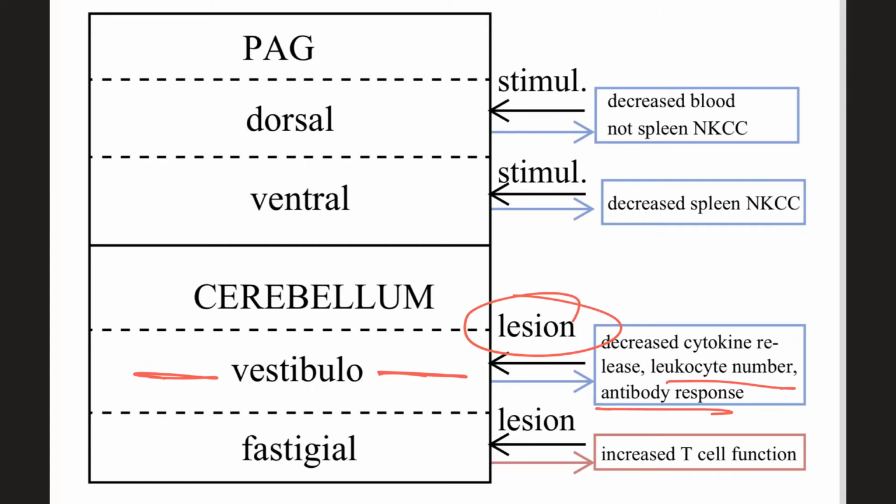Let me say that again. If we have a problem with our postural system, we're going to develop decreased leukocyte number, so decreased white blood cell numbers, and a decreased antibody response. So this is yet another paper that backs up exactly what I talked about day one, about having a systemic immune suppression if you have a localized musculoskeletal injury.